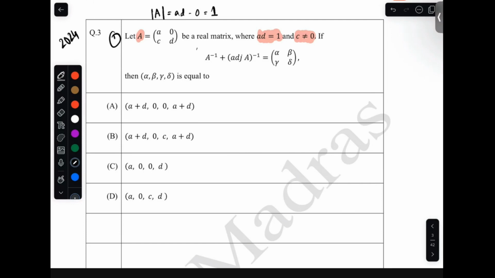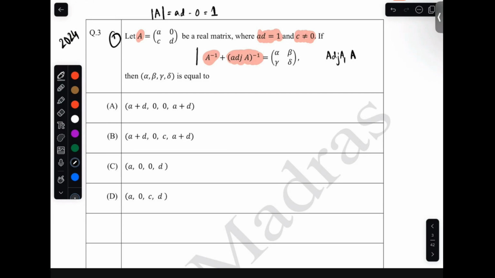What can we know from the next condition? So we are going to do it step by step, one by one. So let's think about it. We are given the information of A inverse and adjoint of A inverse, right? Now tell me one thing very carefully. Do you know a relationship between adjoint and A?